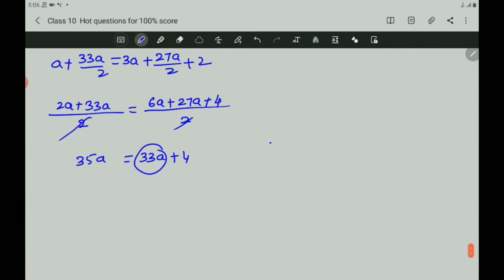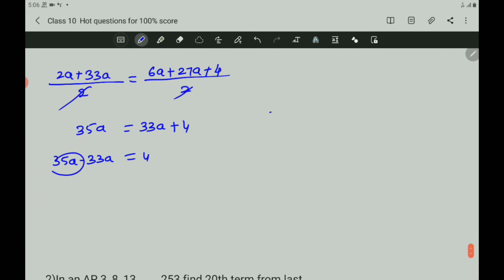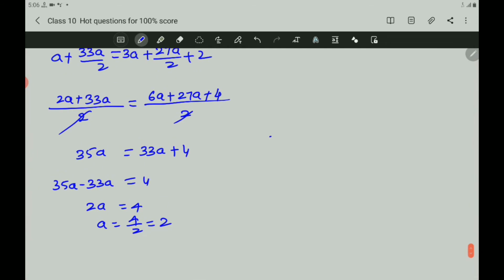Transfer 33A to the LHS: 35A minus 33A equals 4. So 2A equals 4, and A equals 4 by 2 equals 2.